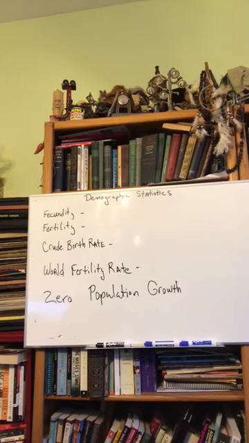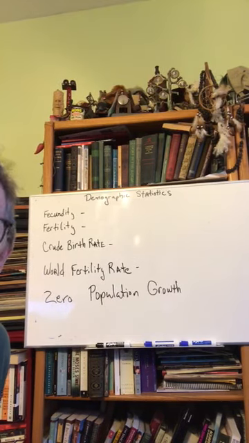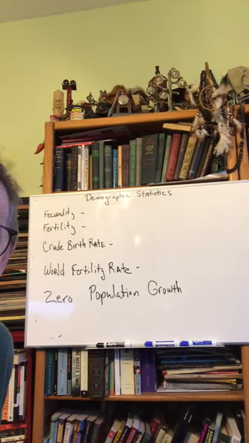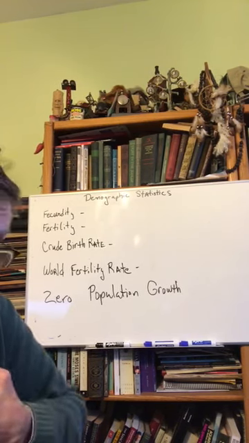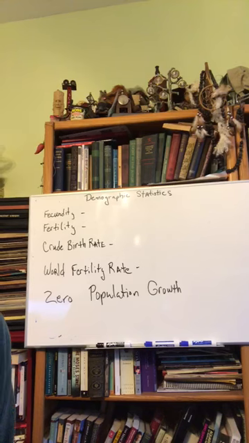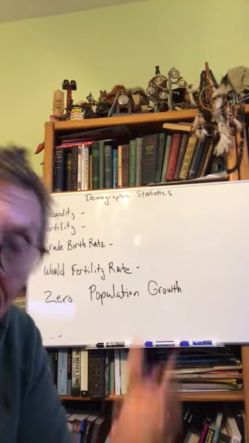Now, the number that you see more often is this thing here. It's called fertility. How many babies are actually produced? After all, a woman could, in theory, have 40 children. It virtually never happens, thank God.